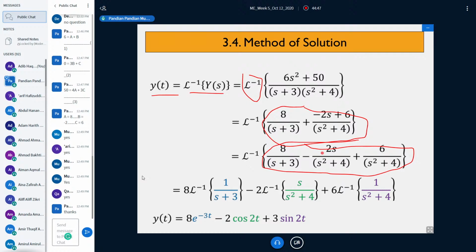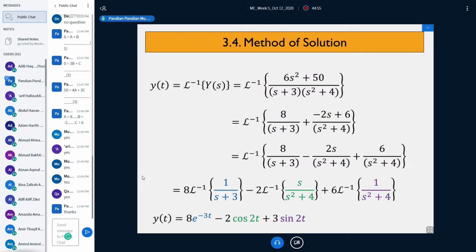You have to rewrite minus 2s over s squared plus 4 plus 6 over s squared plus 4. So now this 8 you have to take out because no need. So this 8 you put outside and then inverse Laplace of 1 over s plus 3.